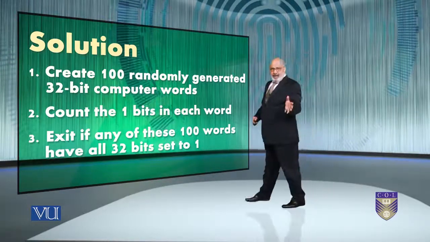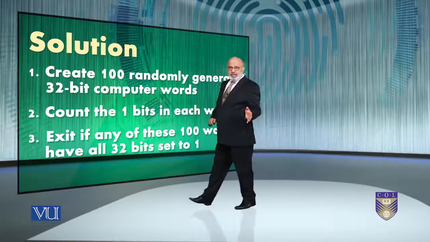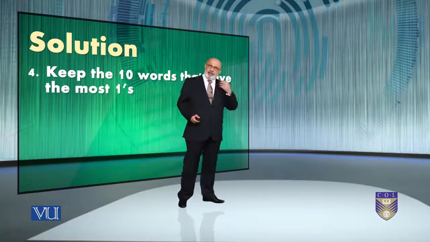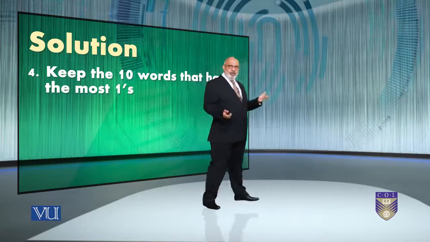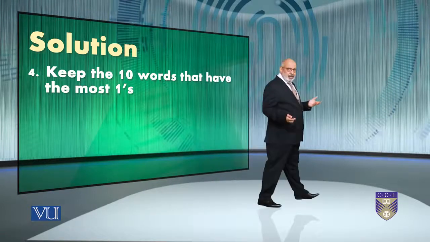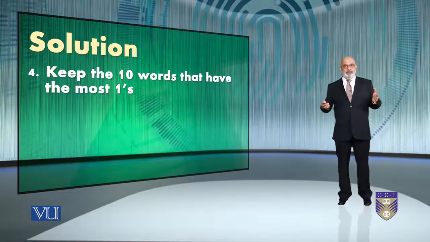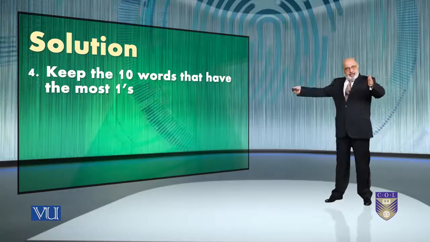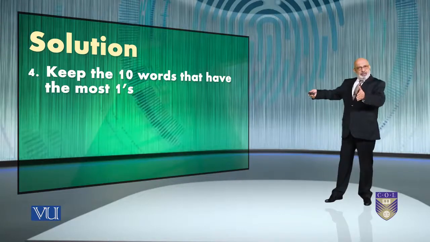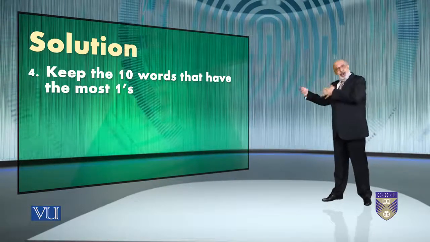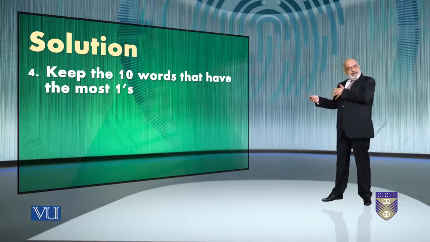Okay, so if you don't find any such word, then what do you do? You pick up the top 10 words out of them. And what are those top 10 words? Those which have the maximum number of ones in them. Out of 32 bits, some are zeros, some are one. Count the number of ones and keep the top 10 separate.